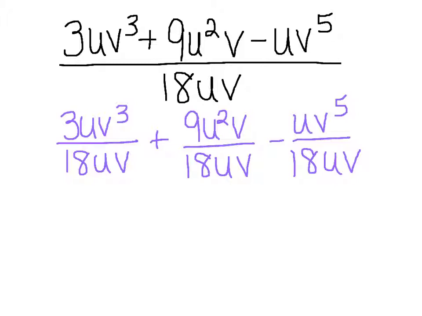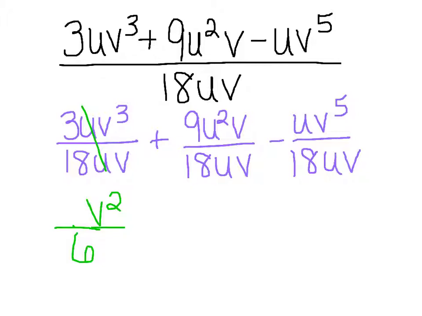So we're going to take the largest number that goes into both, which would be 3. So 3 divided by 18 simplifies into 1 over 6. Well, u divided by u cancels out, and v cubed divided by v is going to be v squared. So I'm going to have 1v squared divided by 6, or I can have just v squared divided by 6.